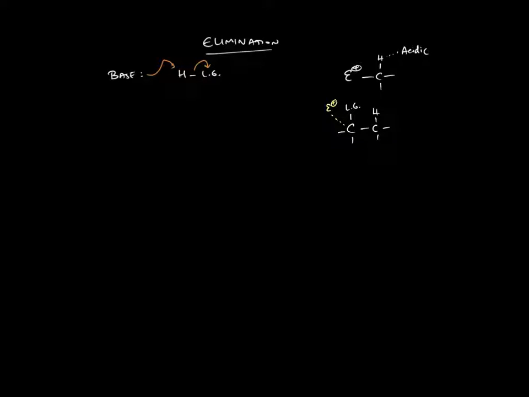Or we can have a carbonyl with a CH next door. A carbonyl's carbon is also an electrophile. So in both of these cases, the hydrogens on the carbon next door are acidic. We're going to especially consider today this case on the left.